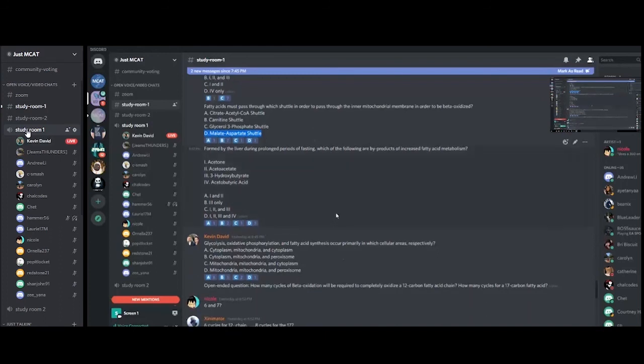All right, next question. This one's fun. Formed by the liver during prolonged periods of fasting, which of the following are byproducts of increased fatty acid metabolism? So when you break down fatty acids, like diabetics do, right? Diabetics typically have an insensitivity to insulin for a number of different reasons.